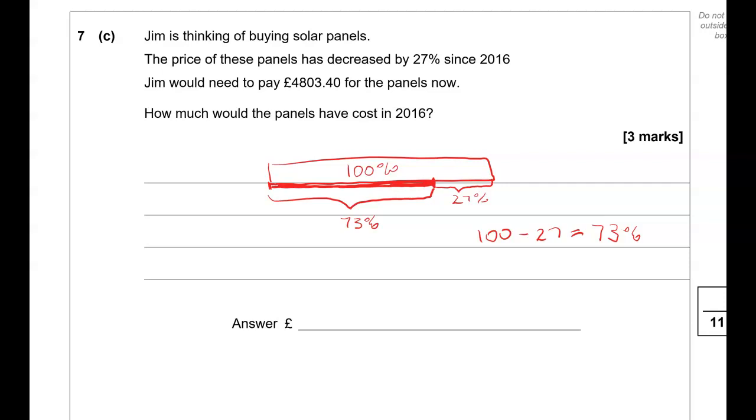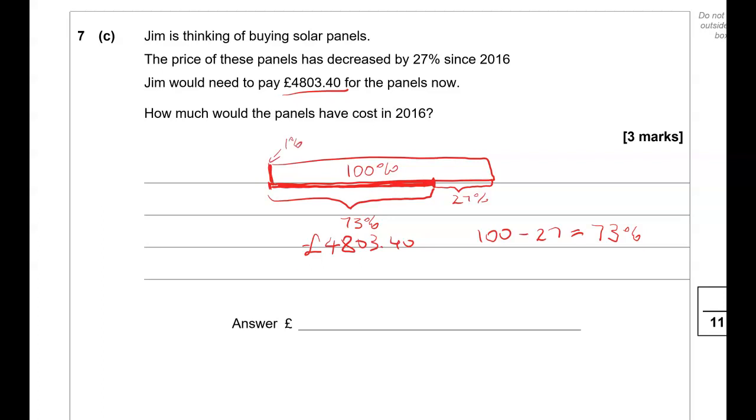So if I divide the amount 4,803.40 by 73, it's going to give me what 1% is worth.